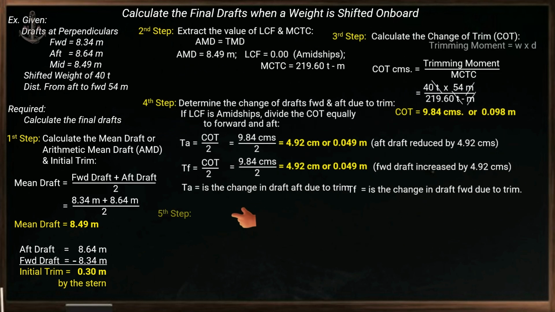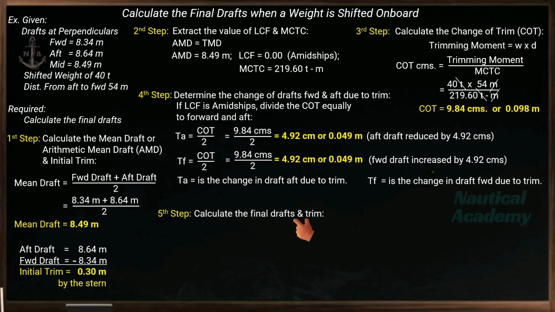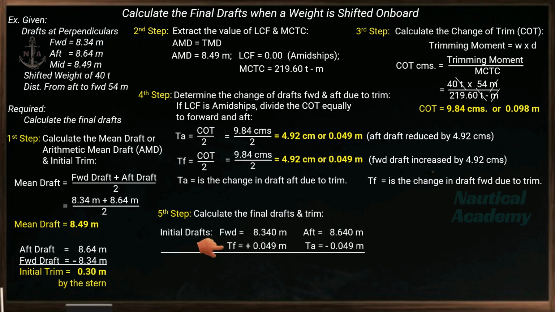Next is our final step, calculate the final drafts, and we will include the final trim. Apply the change of draft forward to the forward initial draft, and the change of draft aft to the aft initial draft. Since there is a reduce of draft aft due to shifting of weight, we will subtract the change of draft aft, and add the change of draft forward due to an increase of forward draft.